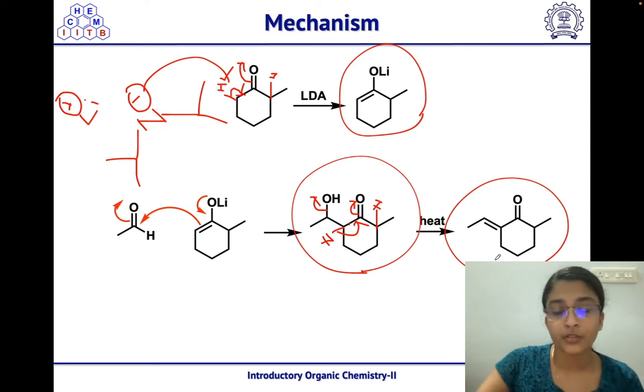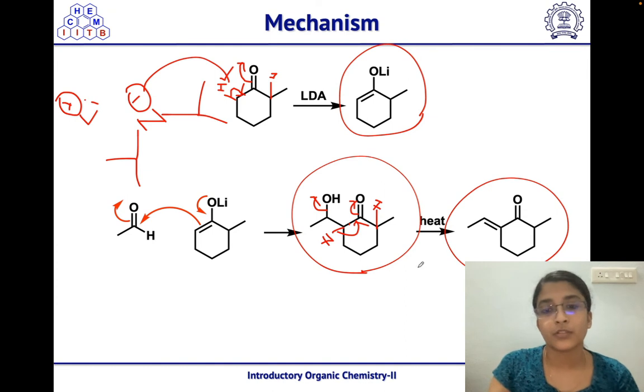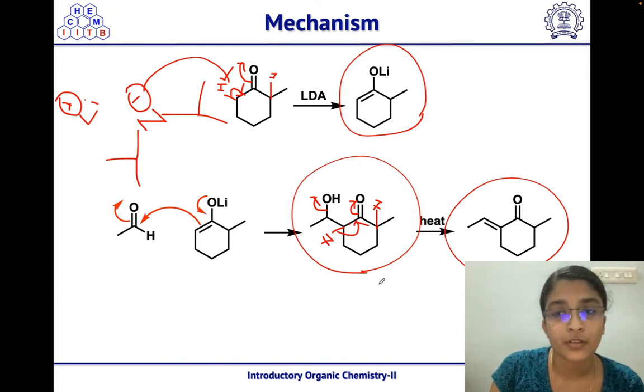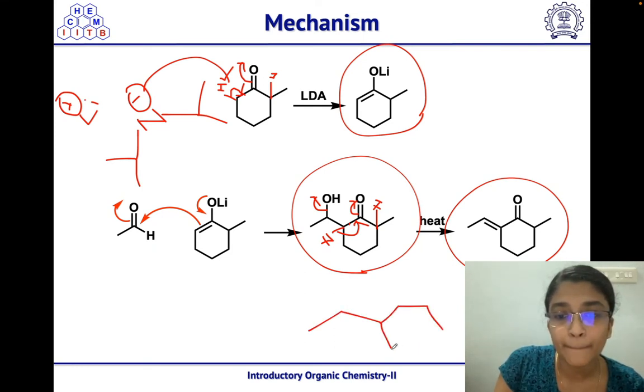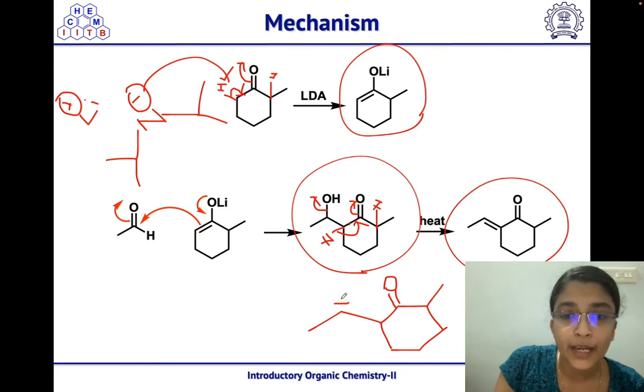Upon heating, this hydroxyl group can be removed and a carbocation will be generated here.